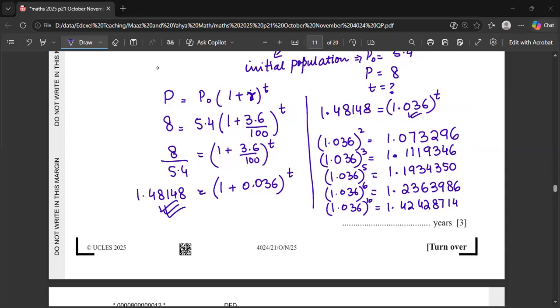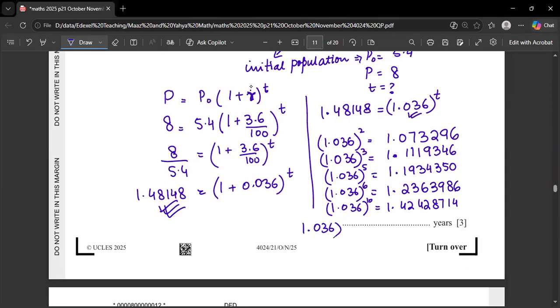Obviously, yes. So 1.036 to the power 11, what are we getting?